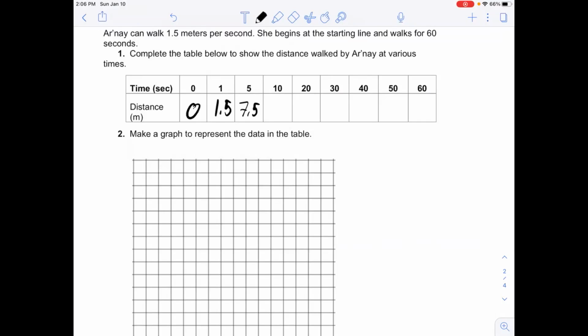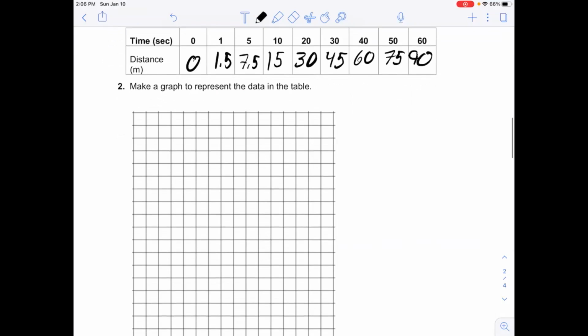In 10 seconds, 10 times 1.5 is 15. 20 times 1.5 is 30. 30 times 1.5 is 45. 40 times 1.5 is 60. 50 times 1.5 is 75. And 60 times 1.5 is 90. So my table's filled in.